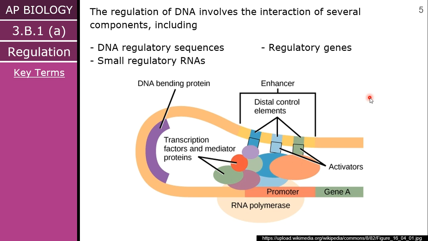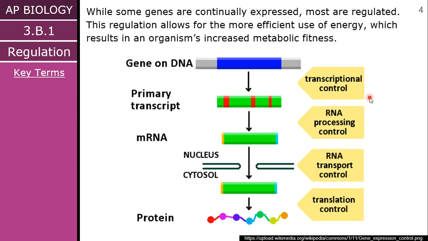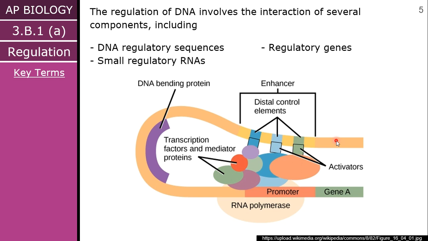So the regulation of DNA, or rather DNA expression, is going to have a lot of different options, right? Because here we had a lot of different steps. And so if we mess with any step, we're going to mess with the final product. So there are going to be some areas of DNA that will allow us to regulate the genes, even if it's not a part of the gene.